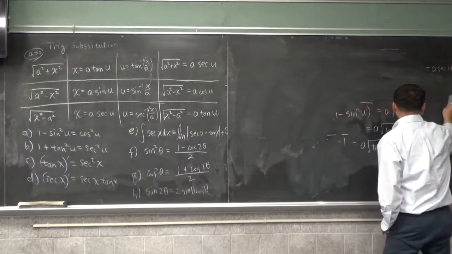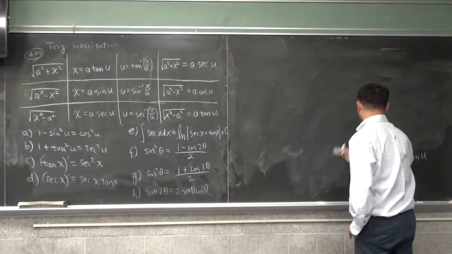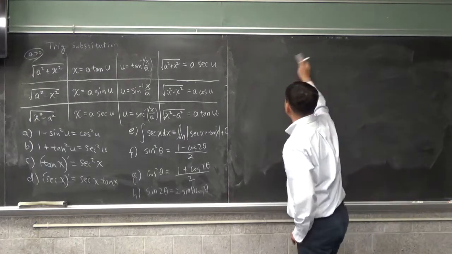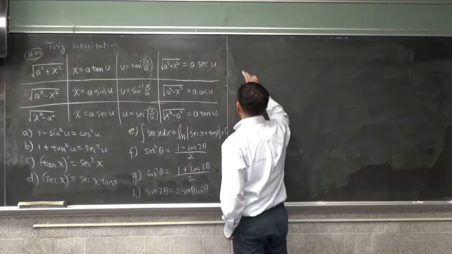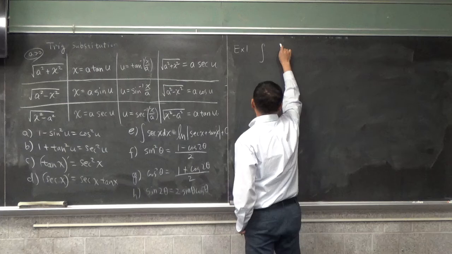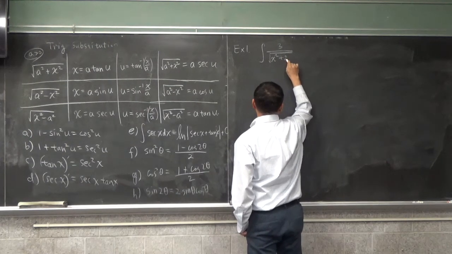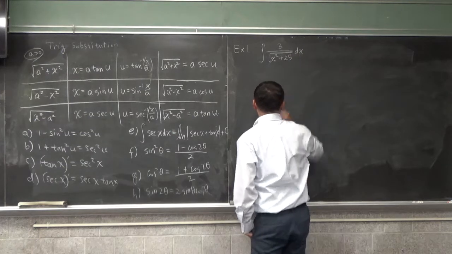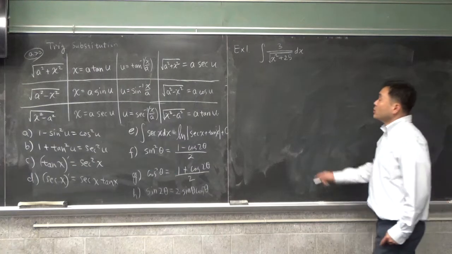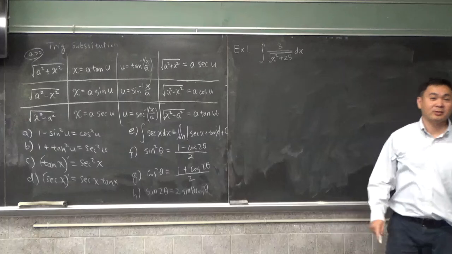All right, so let's just do one example. Example 1. Find the integral of 3 over square root of x squared plus 25. Which one of these three is this one?